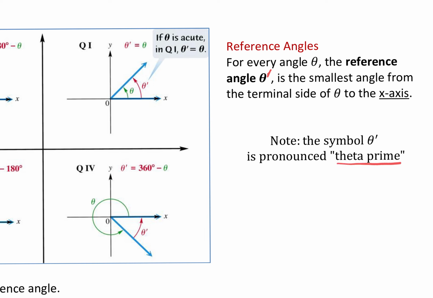So that's not just a smudge of ink, that's actually how we write the reference angle. For any angle, if you put that little prime on it, it's the reference angle.